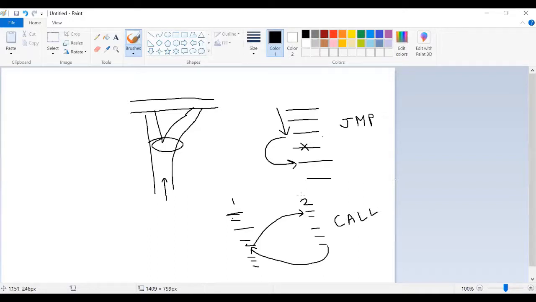Both are branching instructions, but the way they operate is not equal. Here the program control is not returned to the point of branching, here program control is returned to the point of branching. Both are branching instructions, and these instructions are very important for every program. So go back to the slide.